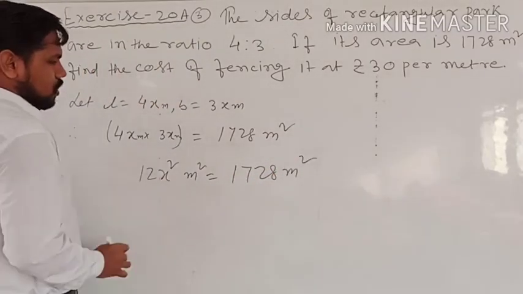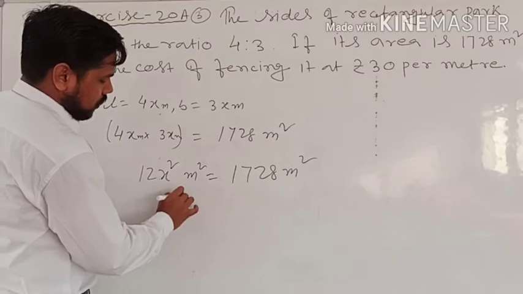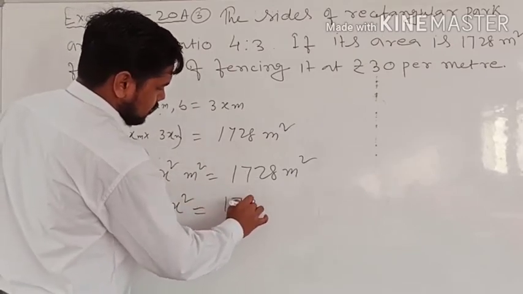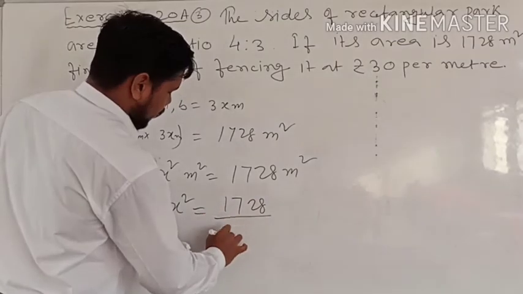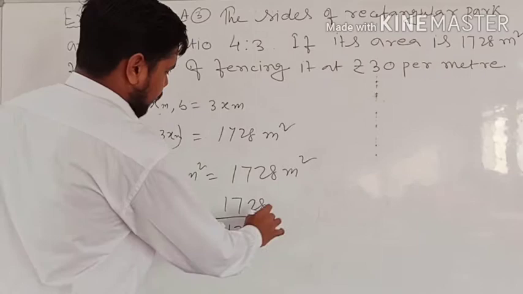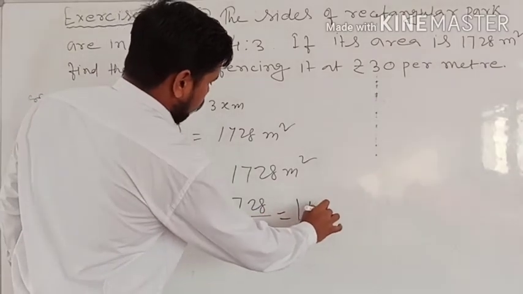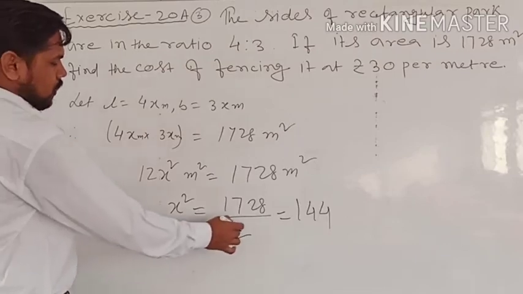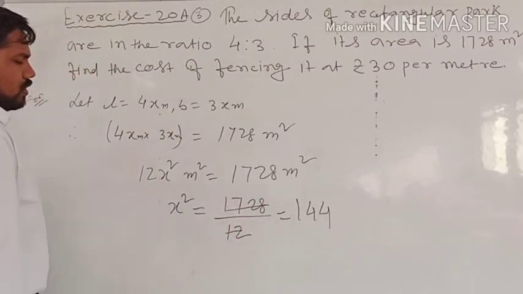So meter square will be cancelled. So x square will go this side and it will be divided. So 1728 divided by 12. It will come 144. Okay, so 144 times 12 is equal to 1728.